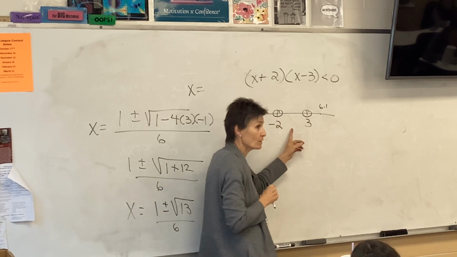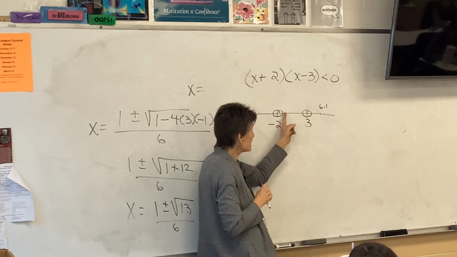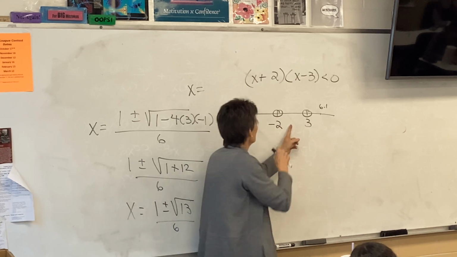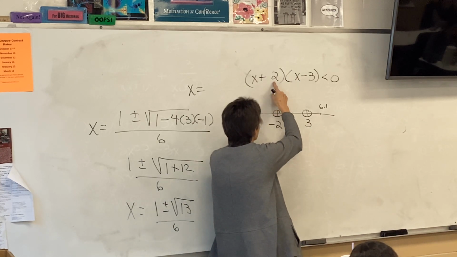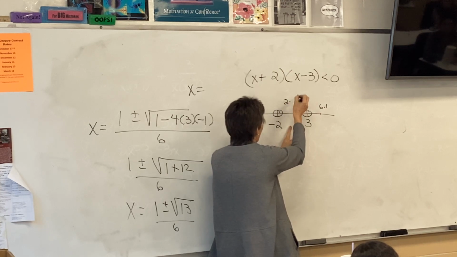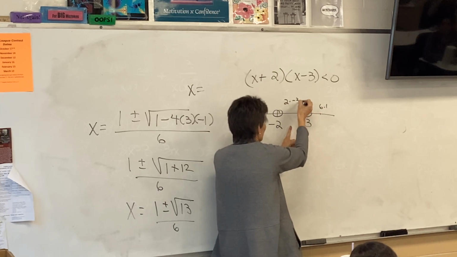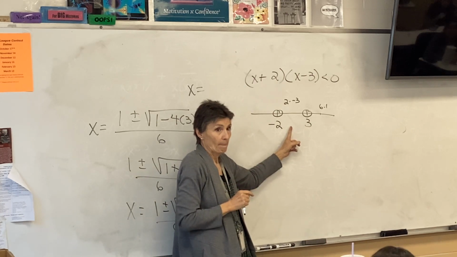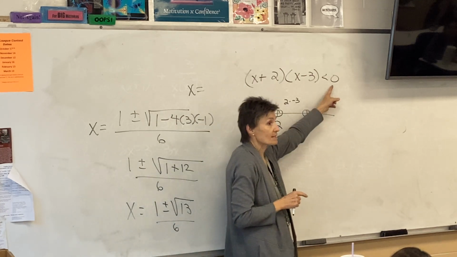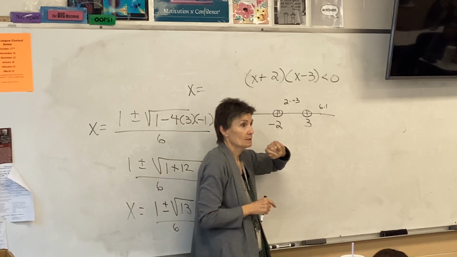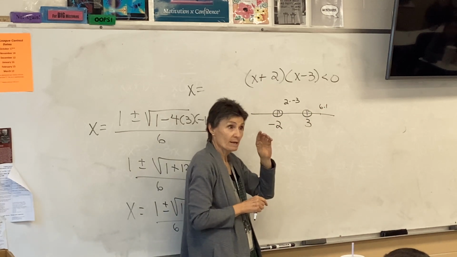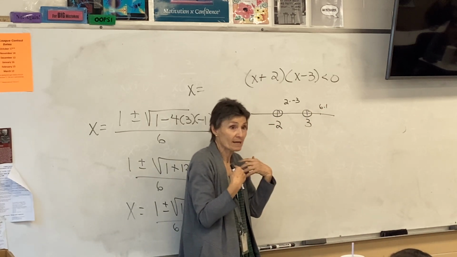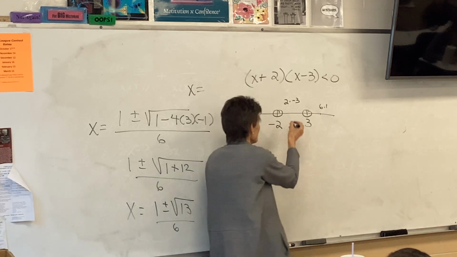All right, so I'm going to come over here. What's a number in here? 0. Let's put 0 in. 0 gives me 2 times negative 3. Now that's negative 6. Is negative 6 less than 0? Yes. So if it's a yes, that means I shade it. So I'm going to shade in here.